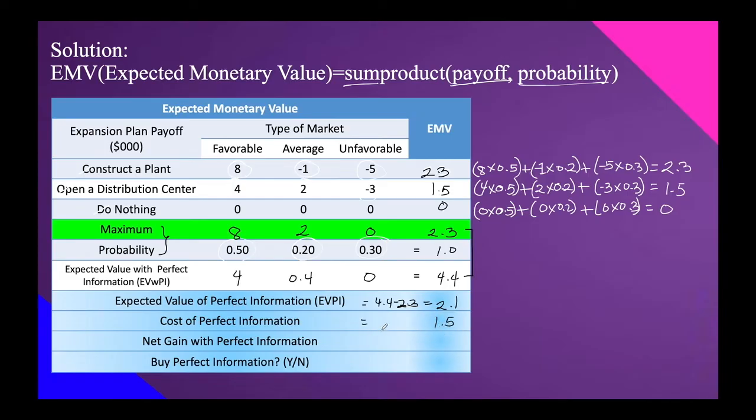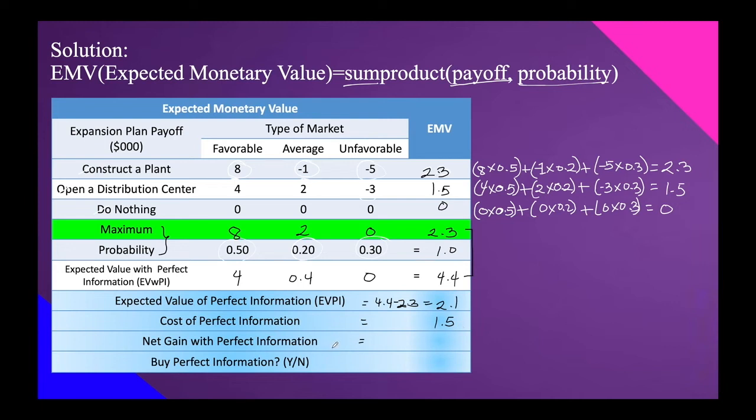And the net gain with perfect information. Ito yung reward, itong EVPI. And the risk is, of course, the cost of perfect information. Now, if the reward is greater than the risk, then you buy the information. If the risk is greater than reward, then don't buy the perfect information. Or if ima-minus natin itong dalawa, the answer is positive regardless of the number, buy the perfect information. If the result is negative, don't buy.